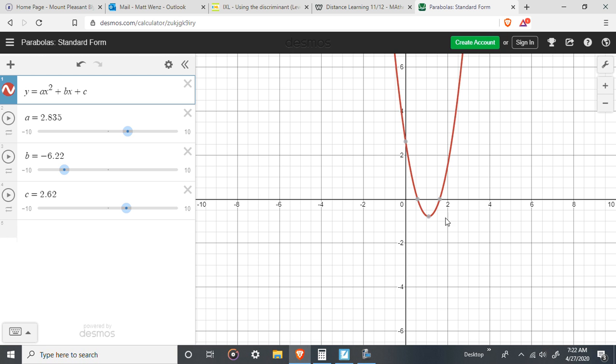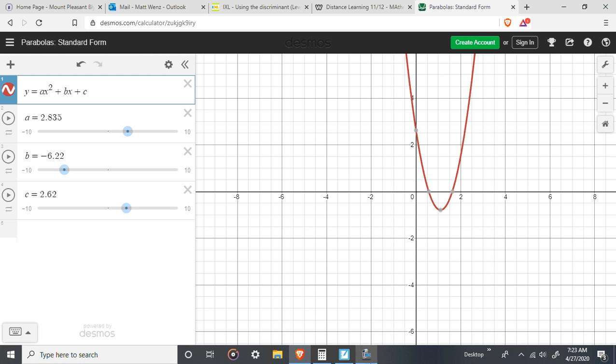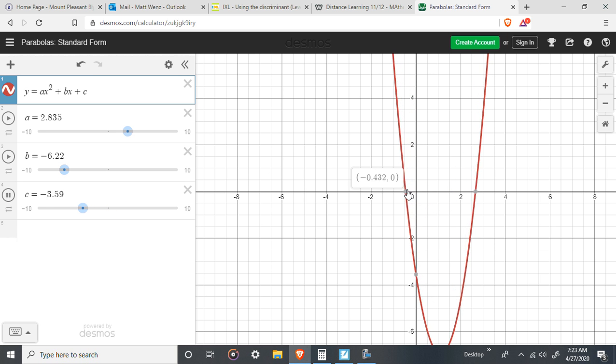Now, what we are going to be most concerned about are what are called the roots. These two points right here, where this equation crosses over the x-axis. Now, why are we talking about this with imaginary numbers? Well, right here we have roots. You see there's two of them.